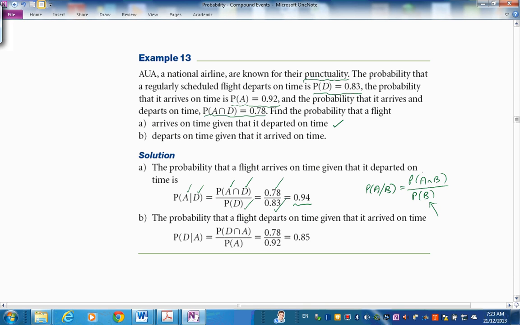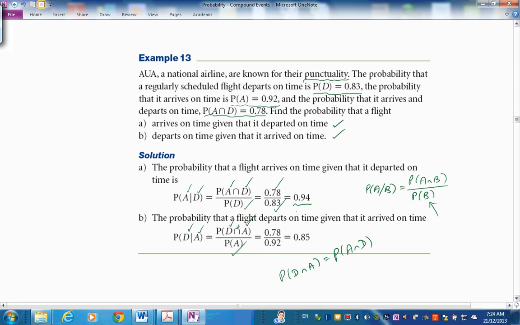Probability the flight departs on time, given that it arrived on time. Okay, departs on time, given that it arrived on time, is the probability of departs on time and arrives on time divided by the probability that it arrives on time. So these two are the same, aren't they? Departs on time and arrives on time is the same as this one.